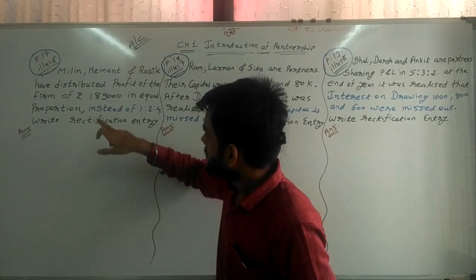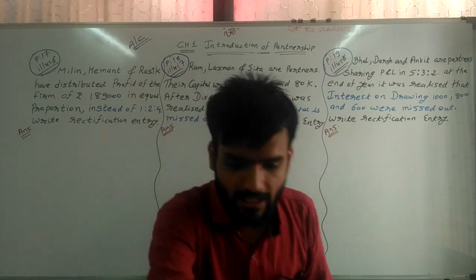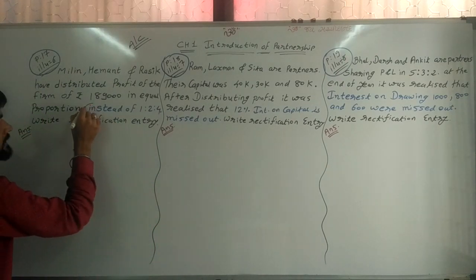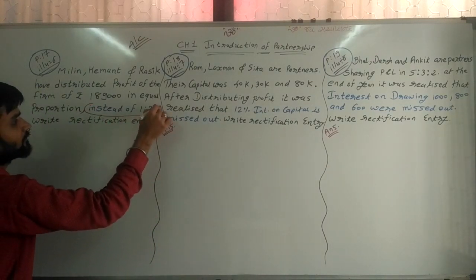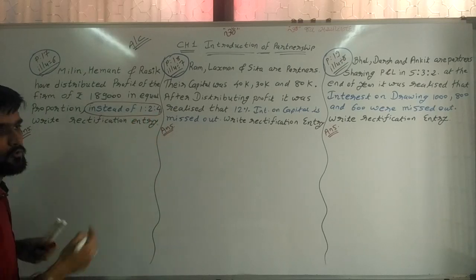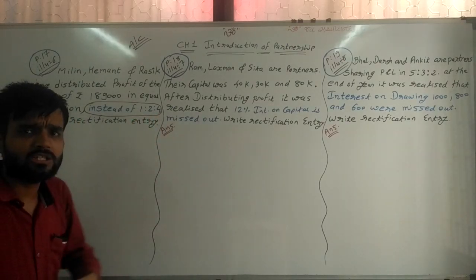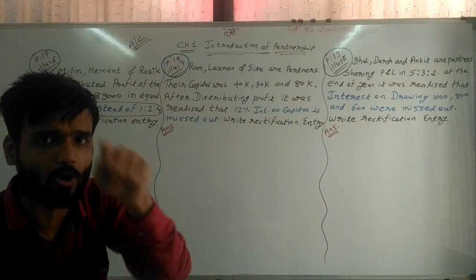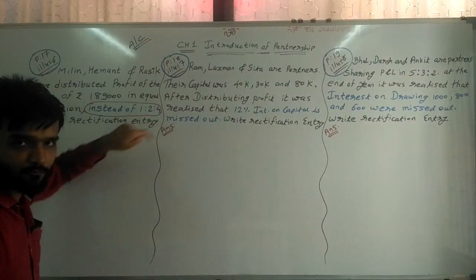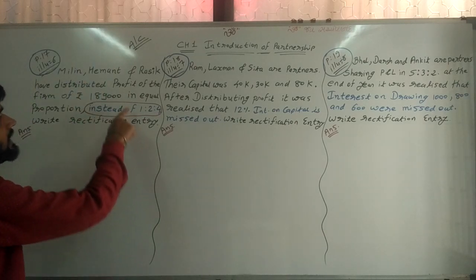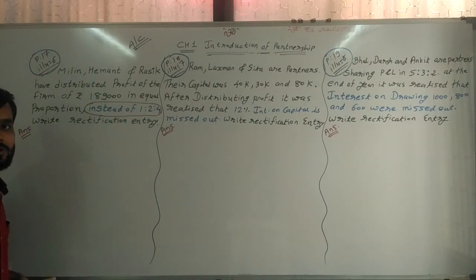Now, the most important thing: instead of 1, 2, 4, what does it mean? Actually, they have to distribute their profit in the ratio of 1, 2 and 4, but they have already distributed in equal proportion.